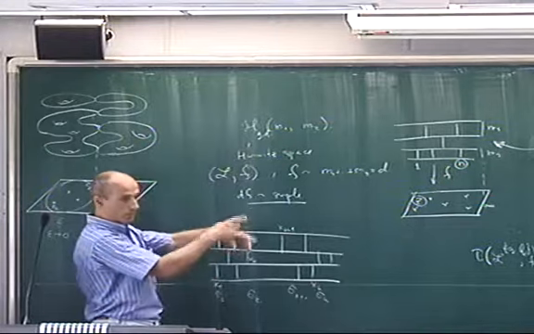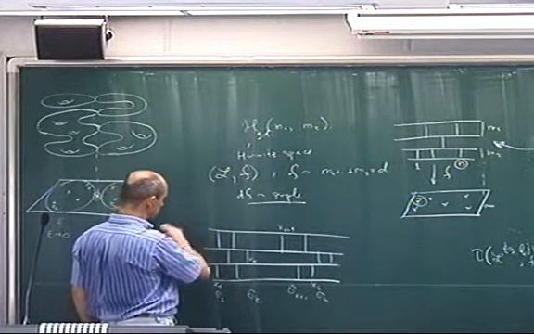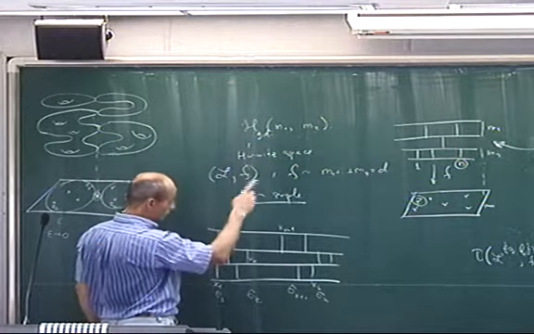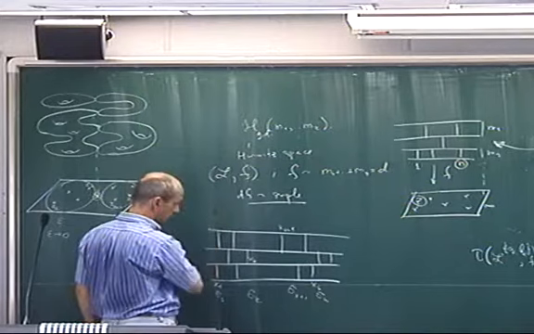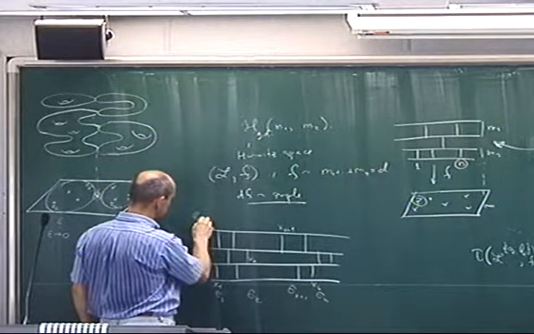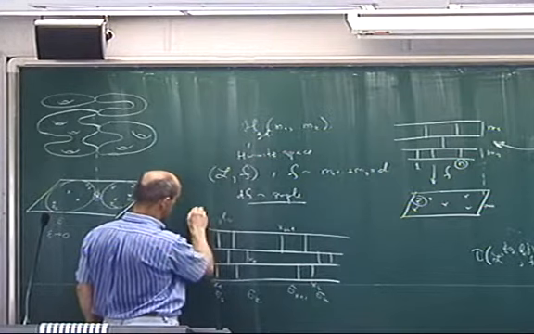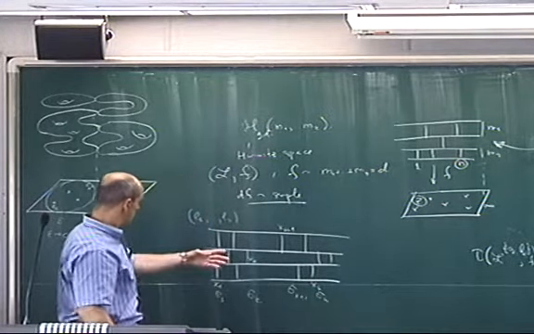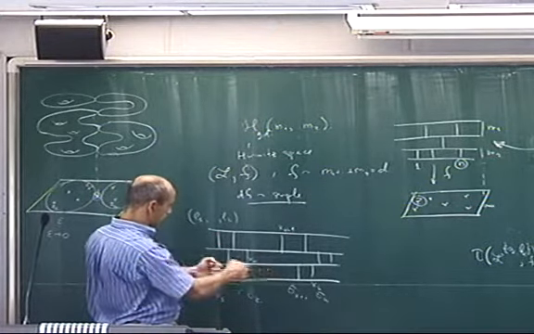Well, there could be several cycles, and the lengths of these cycles we can denote, say, by L1, etc., Ls. So then we get a boundary component.